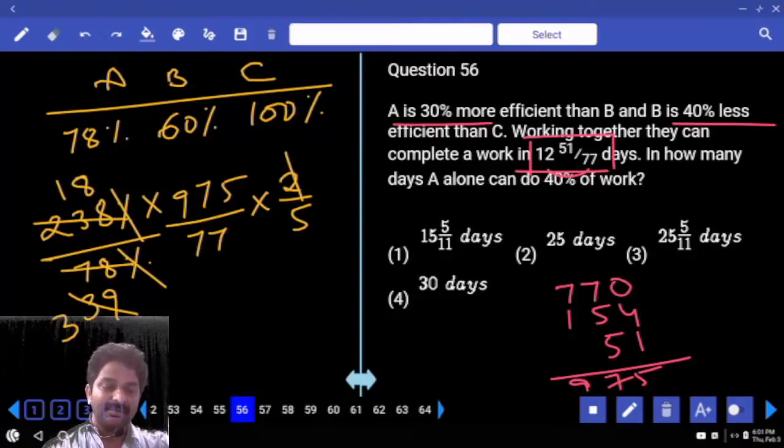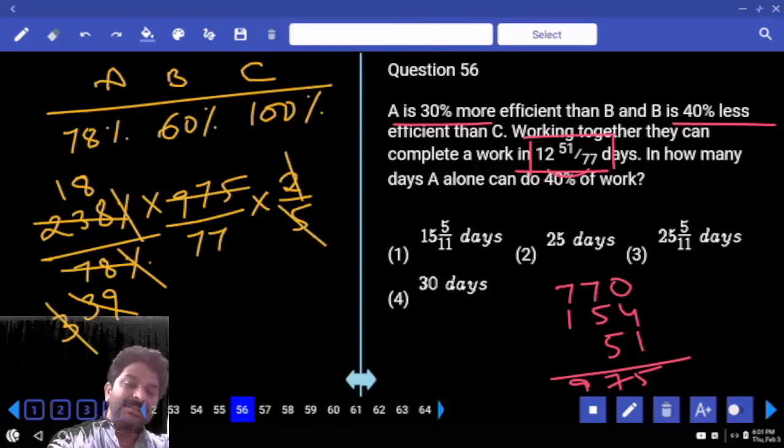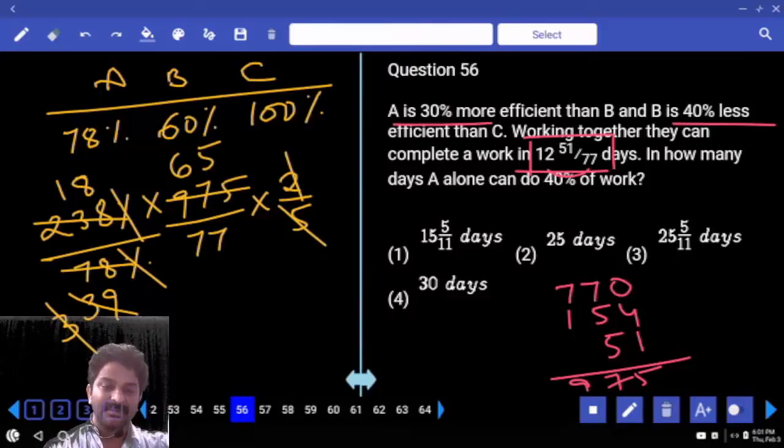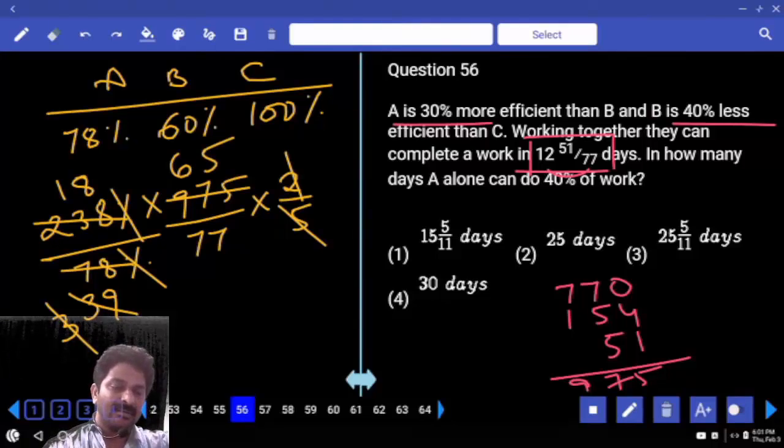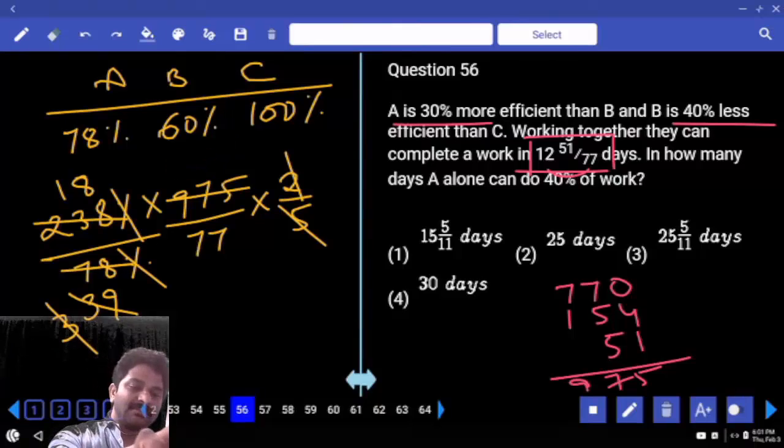Now again cancellation with 3 into 5 is 15, 6 times 90, and again 5 times.